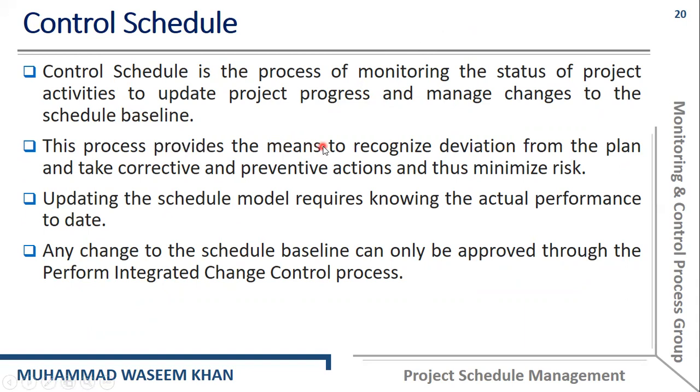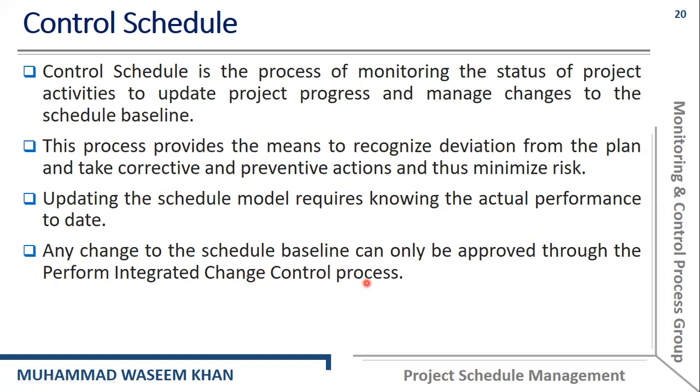This process provides the means to recognize deviation from the plan and take corrective and preventive actions, and thus minimize risk. Updating the schedule model requires knowing the actual performance to date. Any change to the schedule baseline can only be approved through the perform integrated change control process.